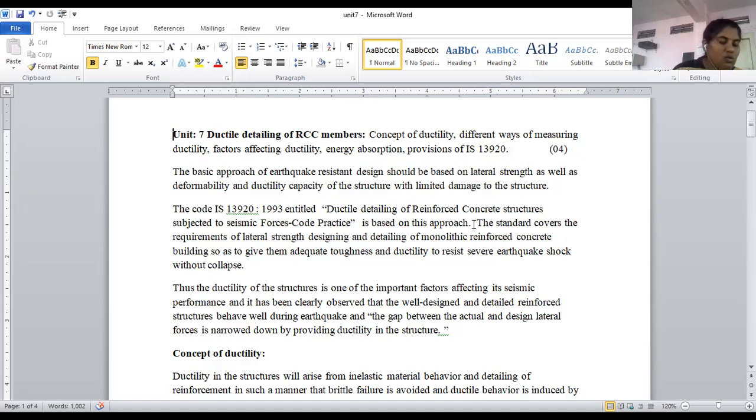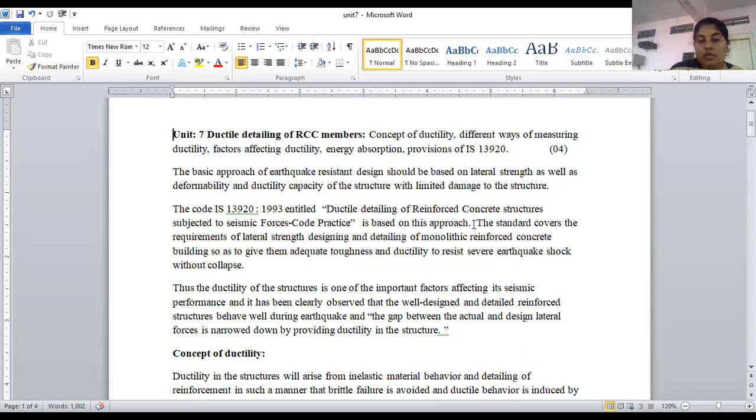So you have to learn about the ductile detailing of RCC structures from this IS code. You should download this IS code, then you will understand some of the basics from it, and you can refer to these notes also for understanding the ductile detailing of RCC members.